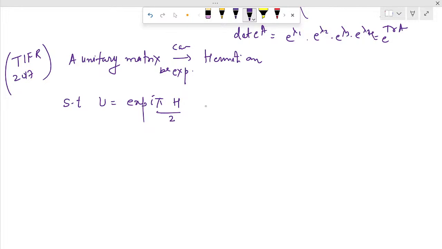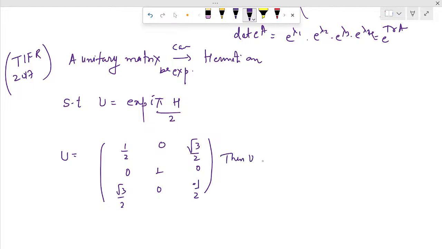Now if we know that U is equal to 1 upon 2, 0, root 3 upon 2, 0, 1, 0, and root 3 upon 2, 0, minus 1 upon 2, then H must be.